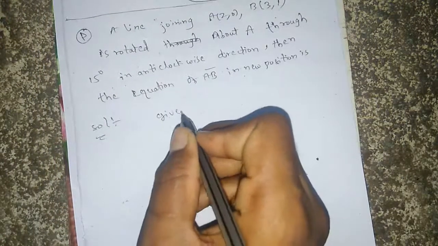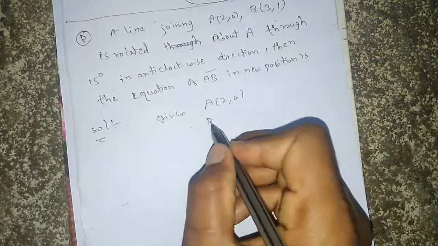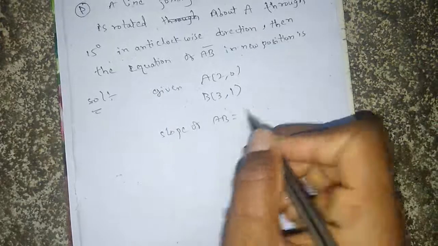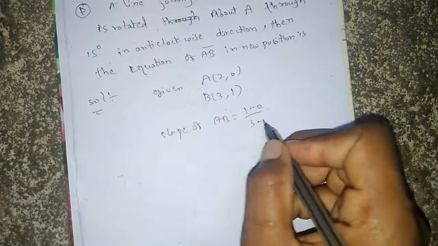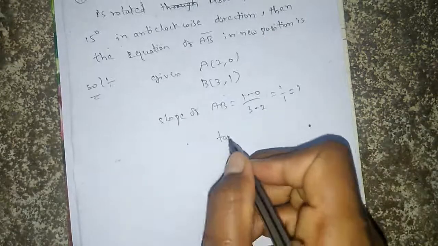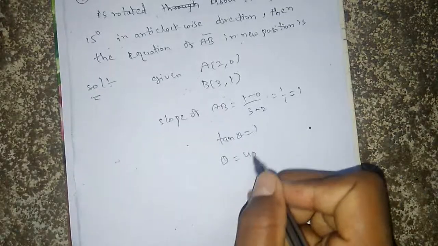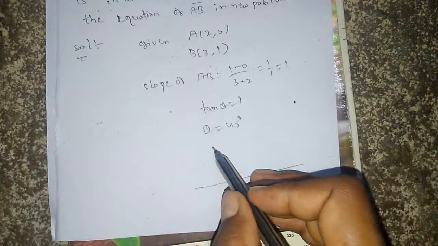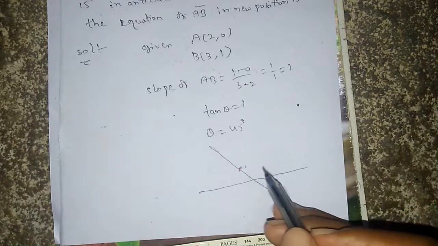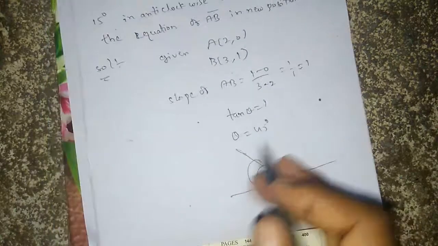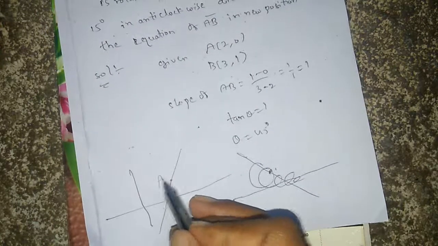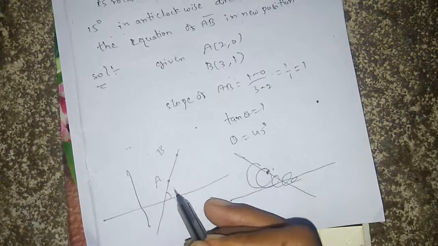Here given A is (2, 0), B is (3, 1). Slope of AB is 1 minus 0 by 3 minus 2, 1 by 1 is equal to 1. Tan theta is equal to 1 implies theta is equal to 45 degrees. Let this be A, let this be B. This is 45 degrees.